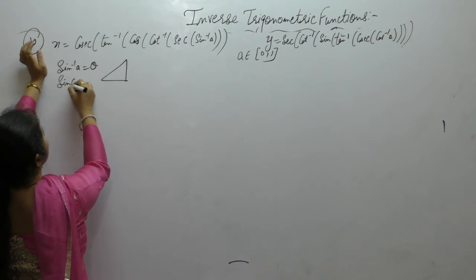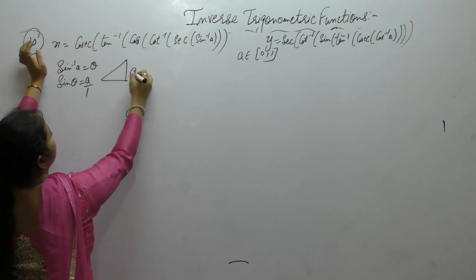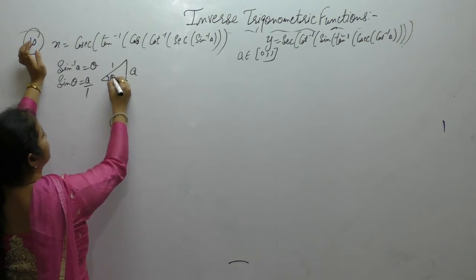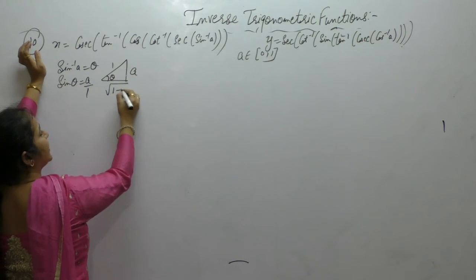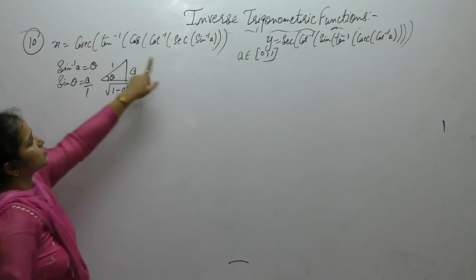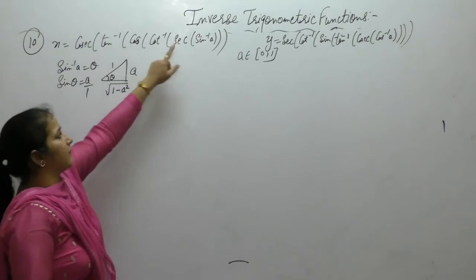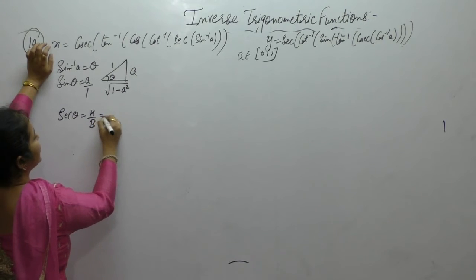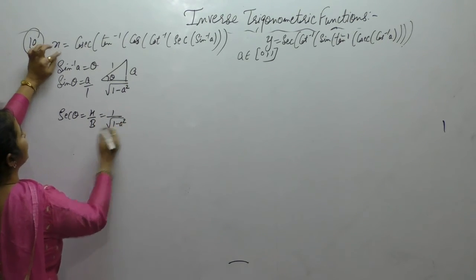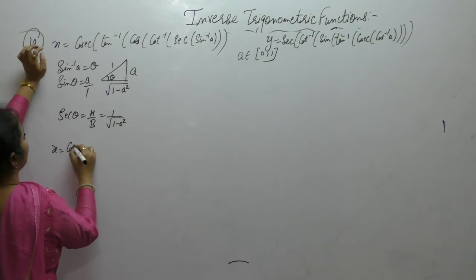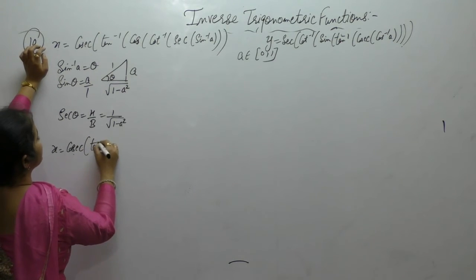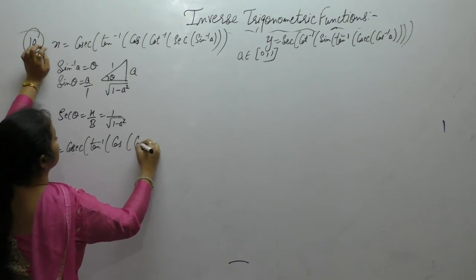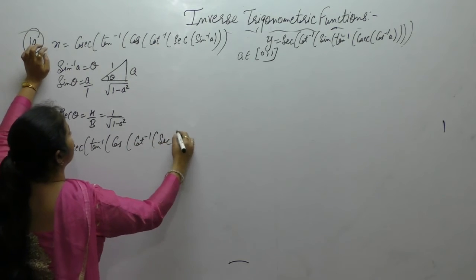Sine theta is A. Sine is P upon H. So this is hypotenuse square minus perpendicular square. Outside is sec. So sec theta, hypotenuse upon base. Put this value. X is cosec tan inverse cos cot inverse sec.